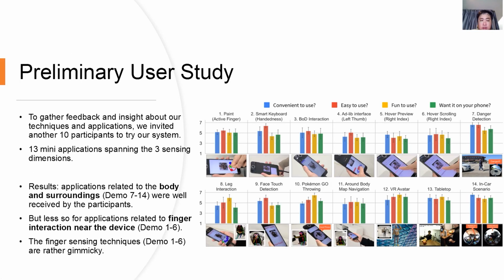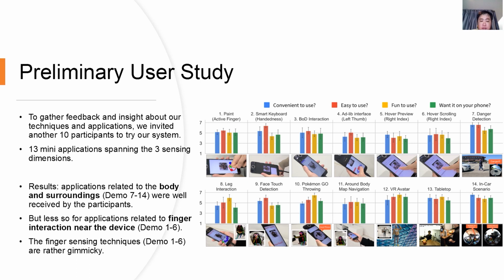We also conducted a preliminary user study to gather feedback and insight about our techniques. We invited another 10 participants to try our system, and they tried 13 mini applications spanning the 3 sensing dimensions, as shown here. In short, the results are: applications related to the body and surrounding are well received by the participants, but less so for the applications related to the finger interaction near the device.